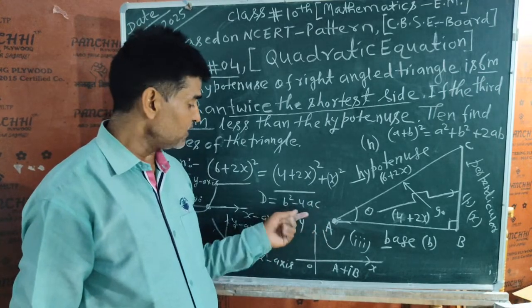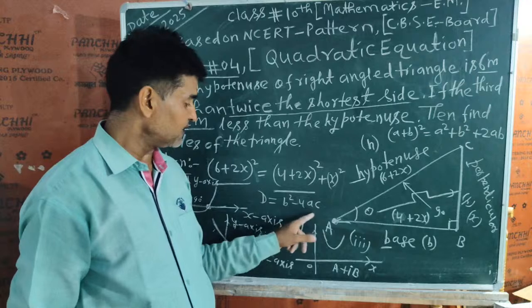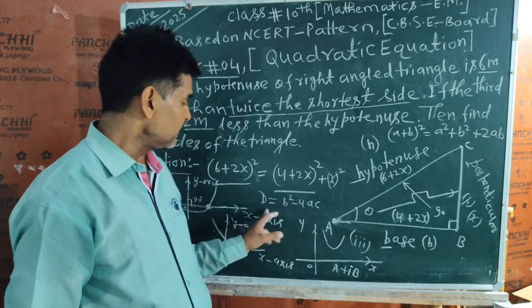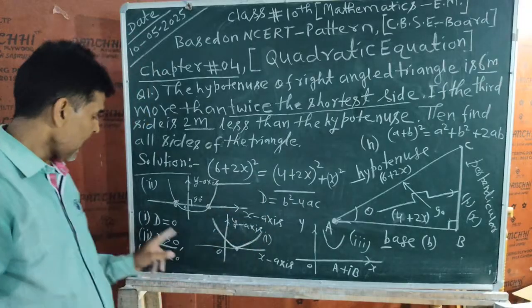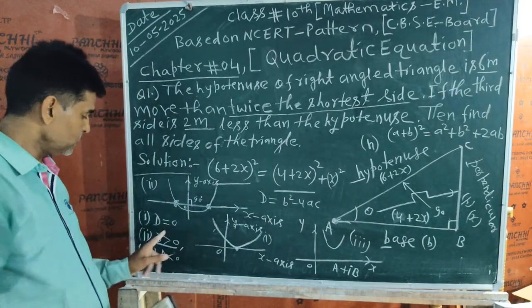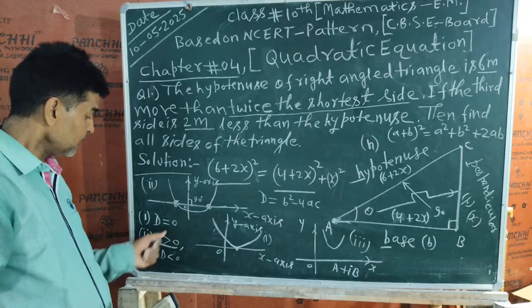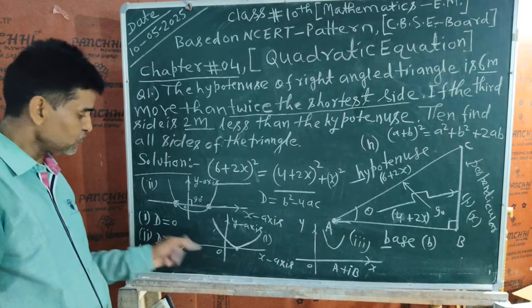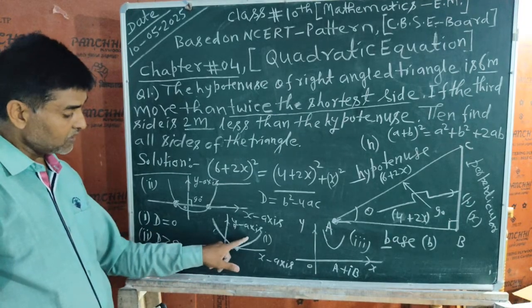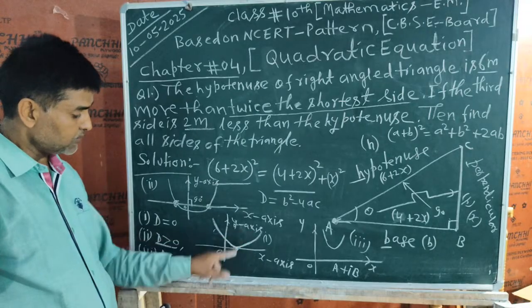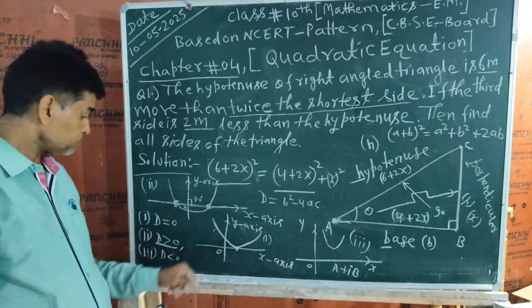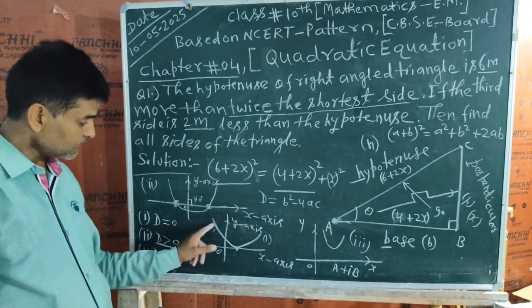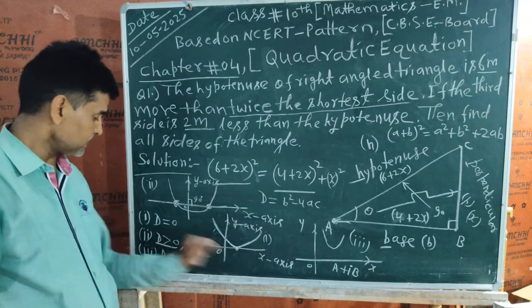From there I will calculate the values of a, b and c, put them here, and find the value of the discriminant, and according to its nature I will see where that value falls. If it falls here, the curve will be like this, because both roots will be equal and real, and the curve touches only the x-axis.